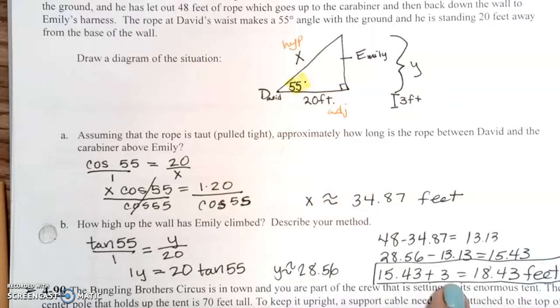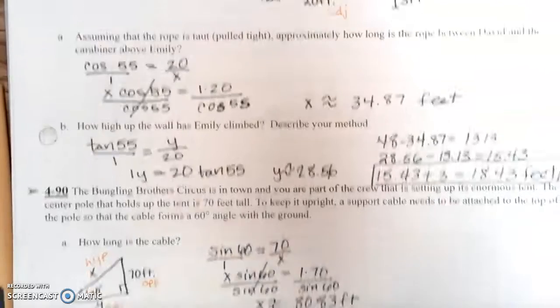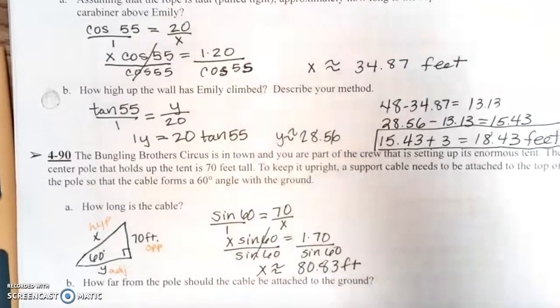And then we have to add the 3 feet of how far off the ground that the rope started. Remember, it was at his waist, not at the ground. Okay? Which gives us a grand total of 18.43 feet. Gets a little complicated in there. Okay? Any questions on A or B?